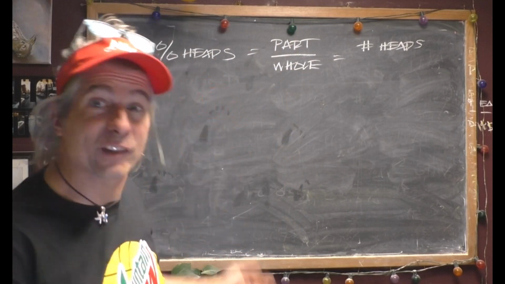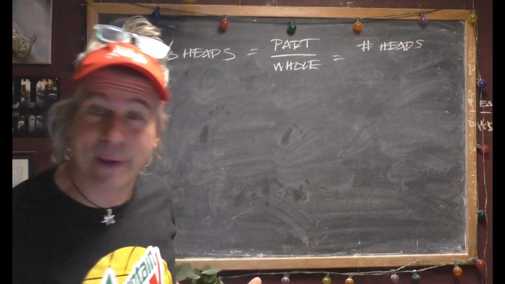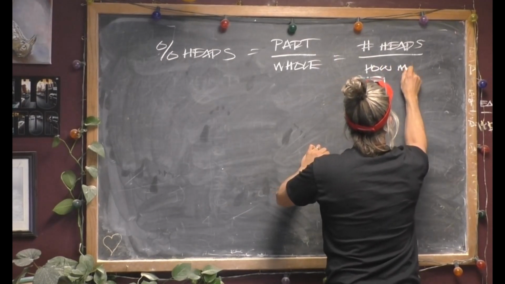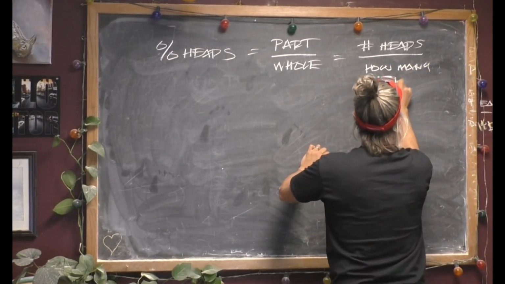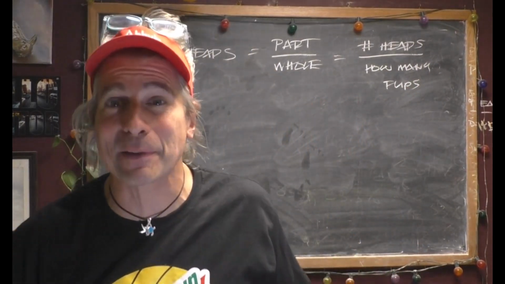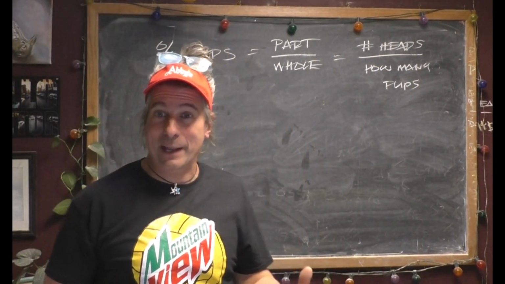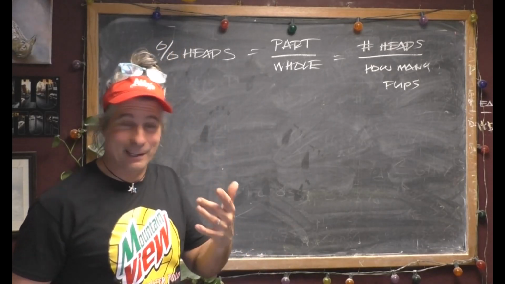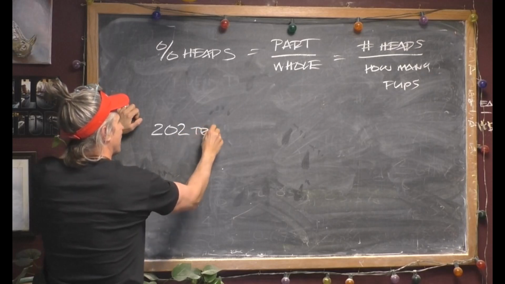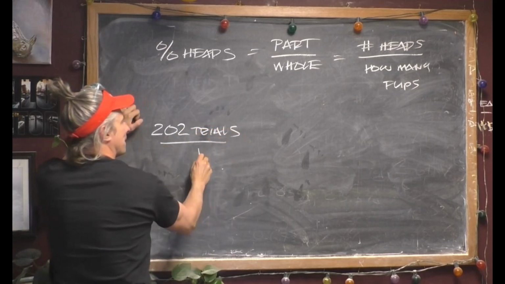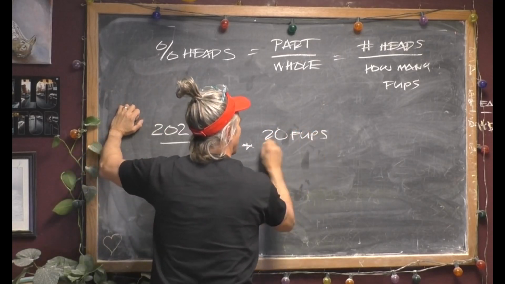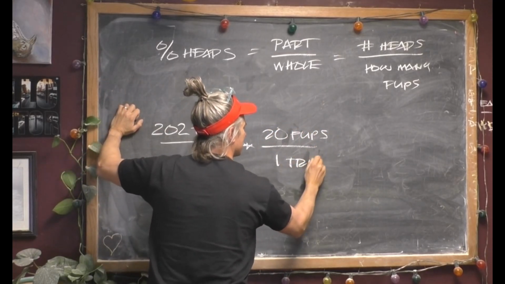The whole is going to be exactly that. How many times did we actually flip the coin? How many flips? Well, what's nice about math, there's many reasons math is nice. What's nice about it in this particular case is this is dimensional analysis. We did 202 trials, and there were 20 flips per each trial.